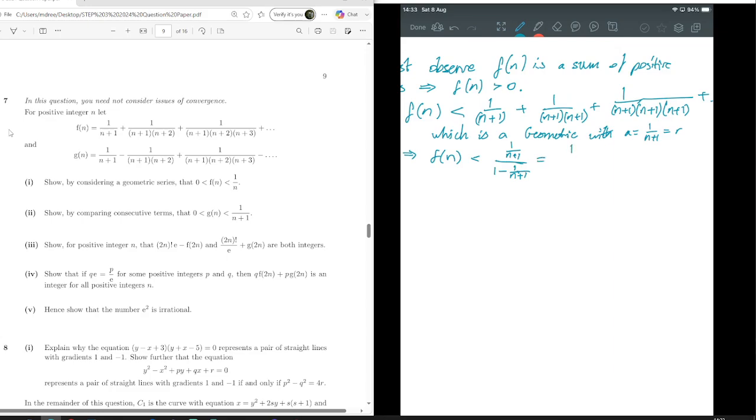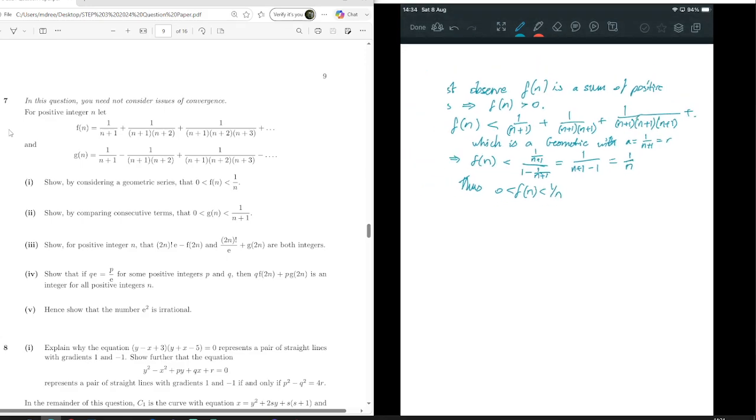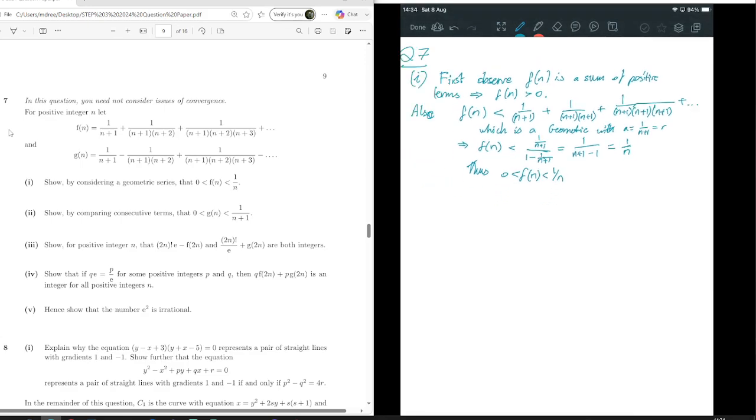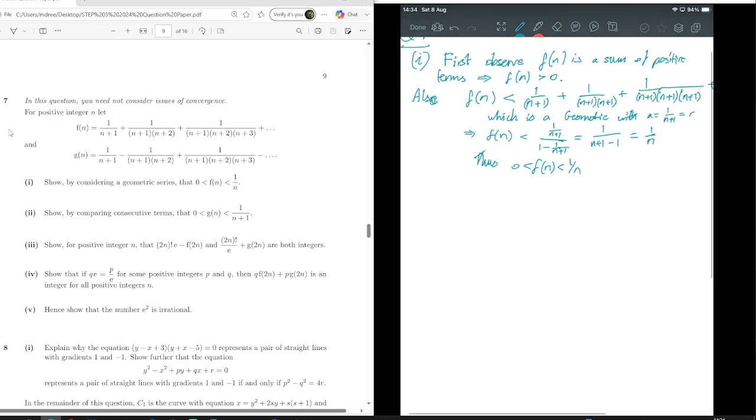Multiplying top and bottom to clear the fractions, this is just 1 over n. So thus 0 bounds below and 1 over n bounds above of this Fn thing. So Fn is always going to be some decimal value. Fn itself can never be an integer.